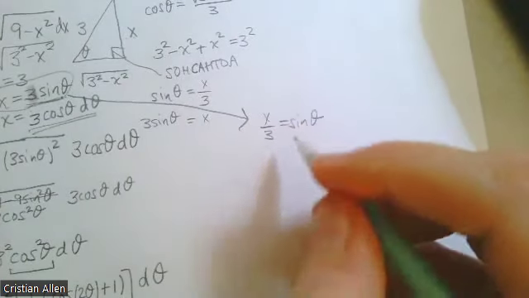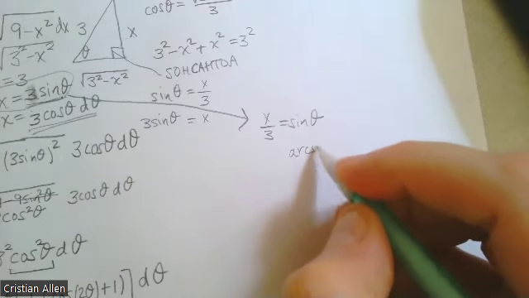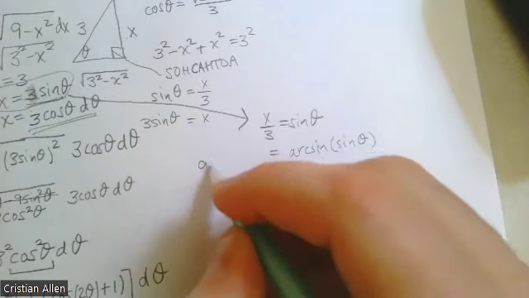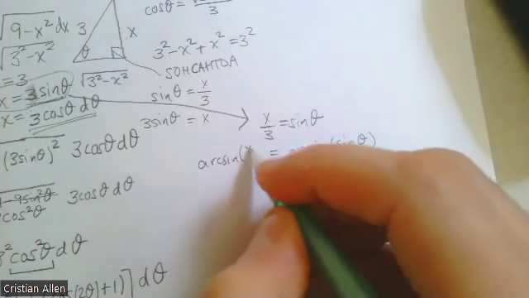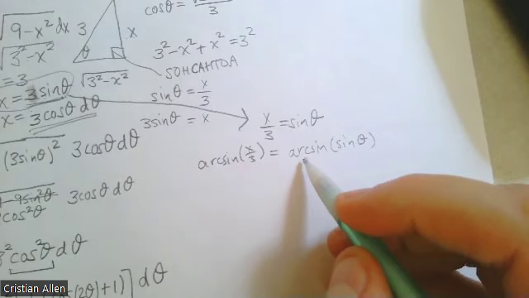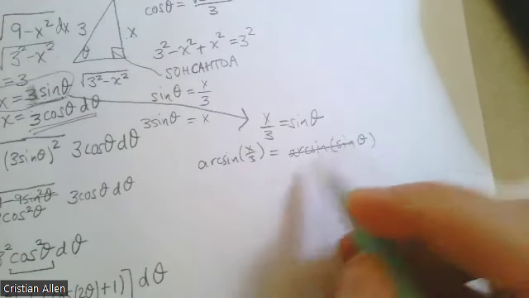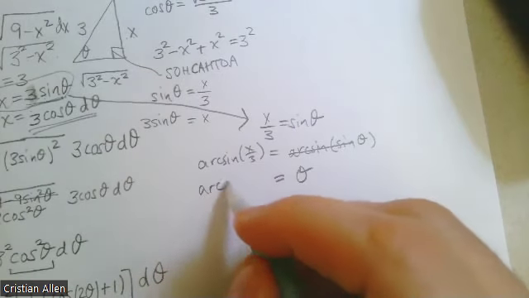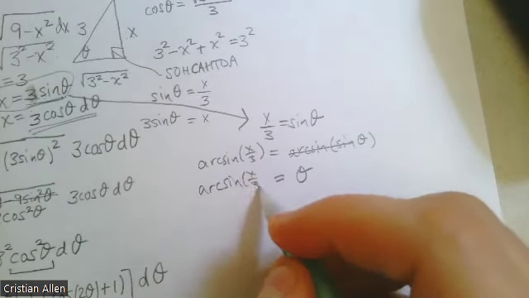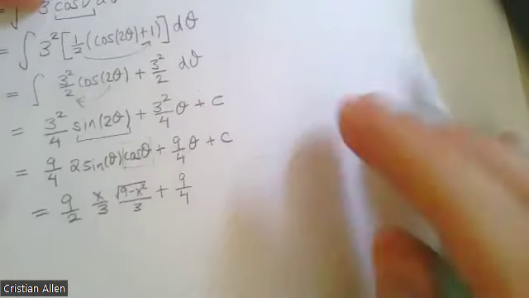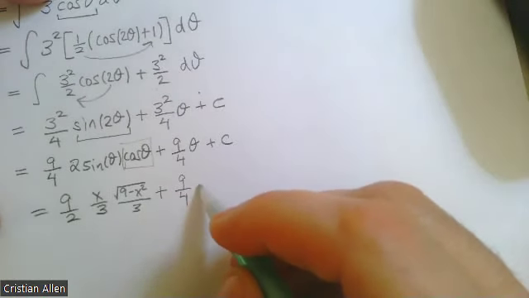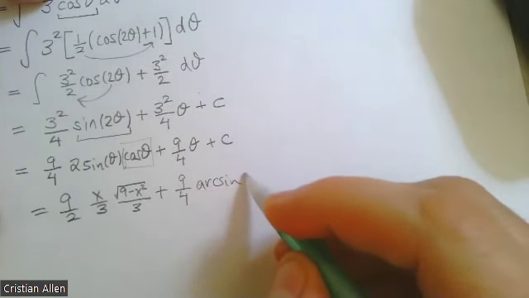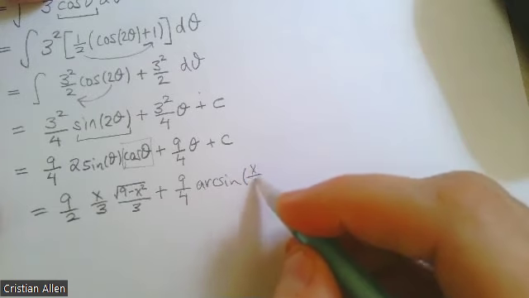You're going to want to take the arc sine of both sides. And arc sine is the inverse of sine. So arc sine of sine is just going to be the theta left over. So theta is the arc sine of x over 3. So let's go ahead and come on down here and say that this is the arc sine of x over 3.